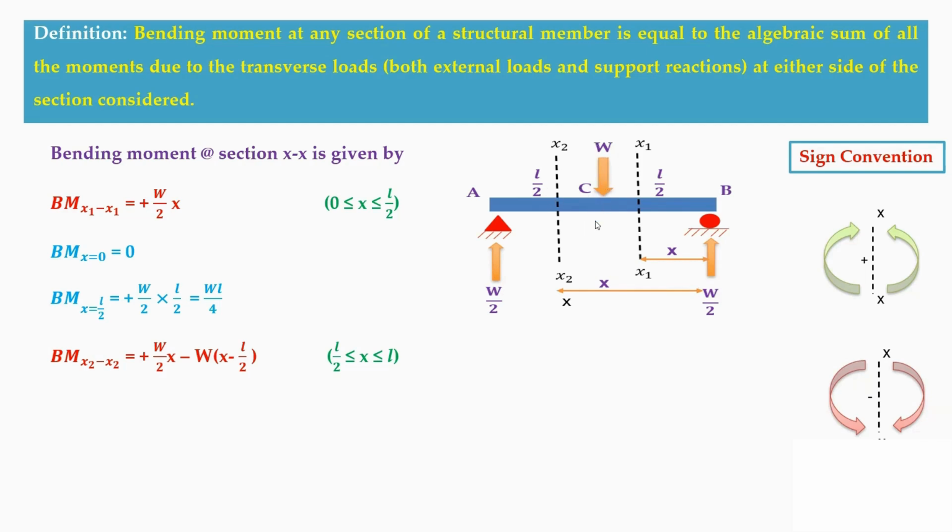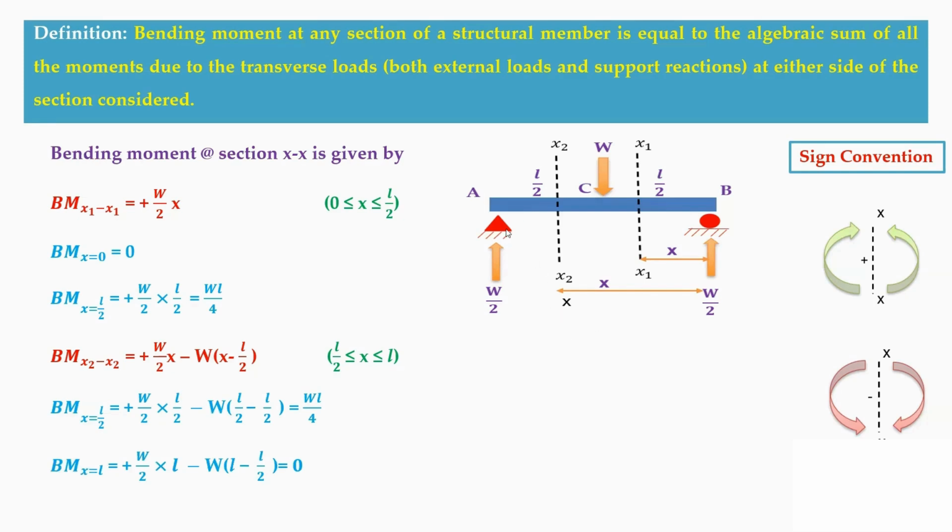So towards the section, if it is in the clockwise direction on your right hand side, it is a negative value. Therefore, it is minus W into this distance, that is X minus L by 2. This is from the limit of L by 2 to L. When you substitute X equal to L by 2, the bending moment at this C portion will be equal to WL by 4, whereas at X equal to L, that is at A, you have bending moment equal to 0.